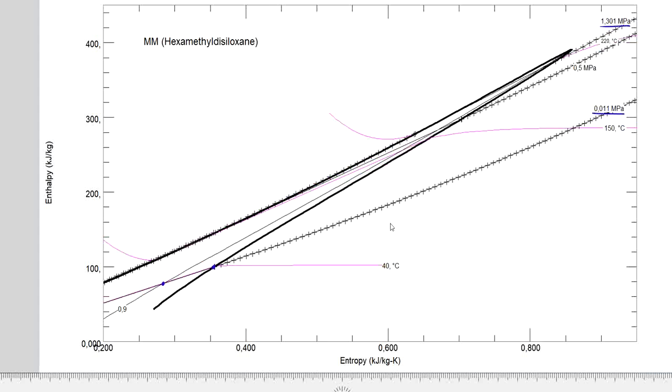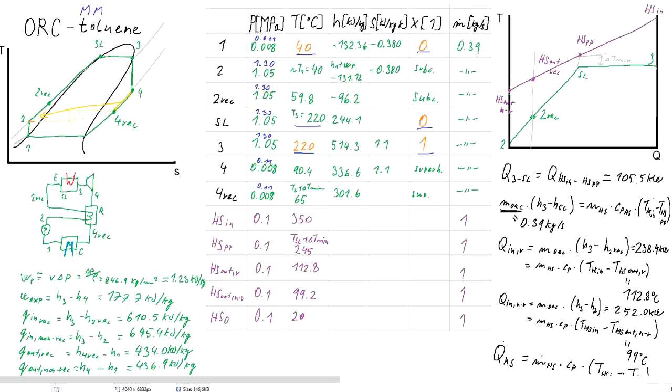Same eventually for the entropy. If we do that, the enthalpy of the saturated liquid at the low pressure is minus 121.8 kilojoules per kilogram.